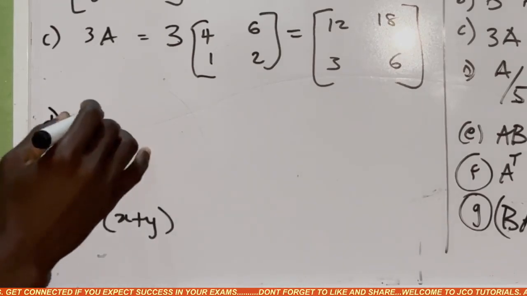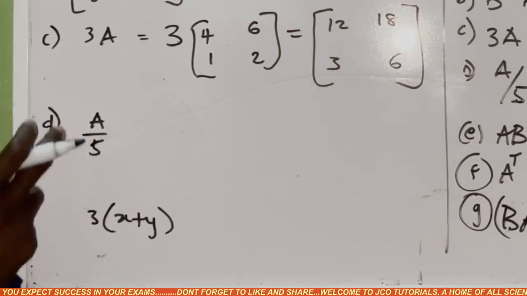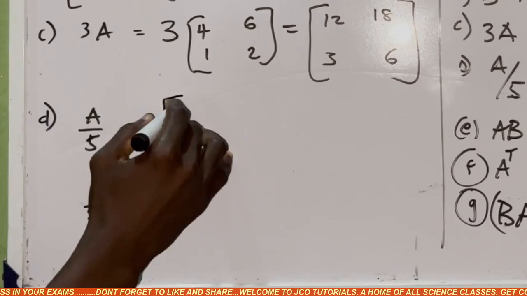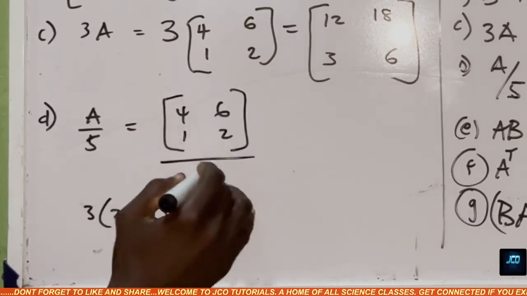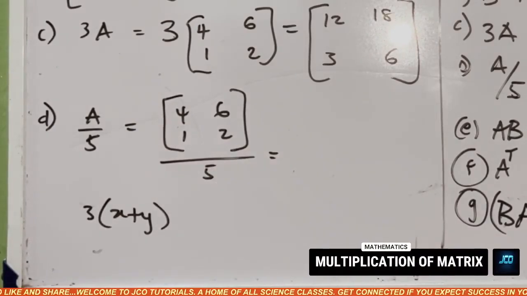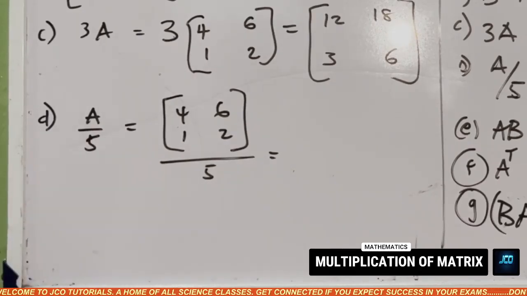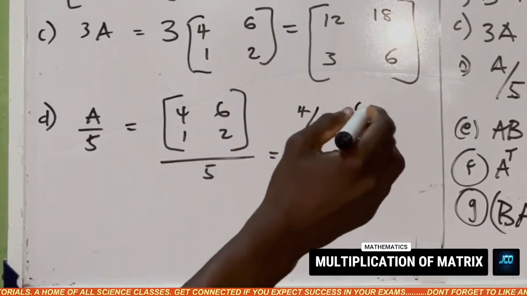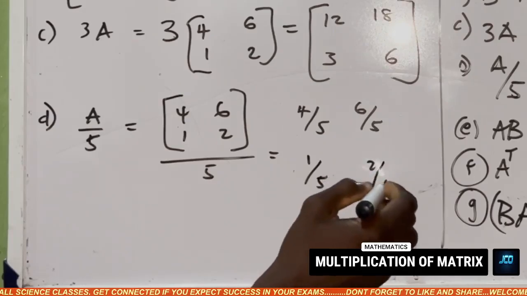Let's go for D, A over 5. So as much as this is division, this is also matrix A divided by 5. Where is matrix A? Matrix A is 4, 6, 1, 2. You're dividing by 5, so each of them will divide by 5. And let's start with 4 over 5, then 6 over 5, then 1 over 5, then 2 over 5.